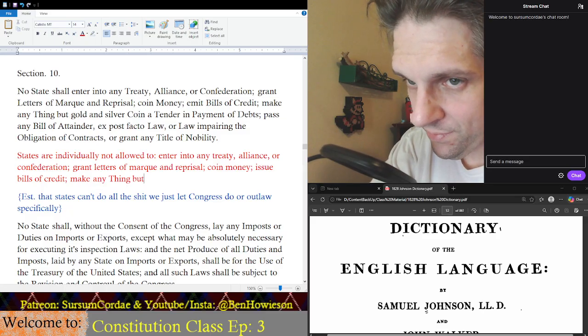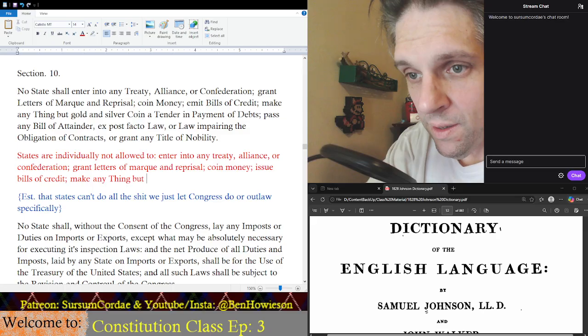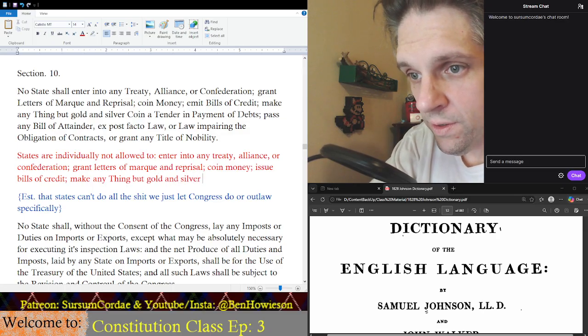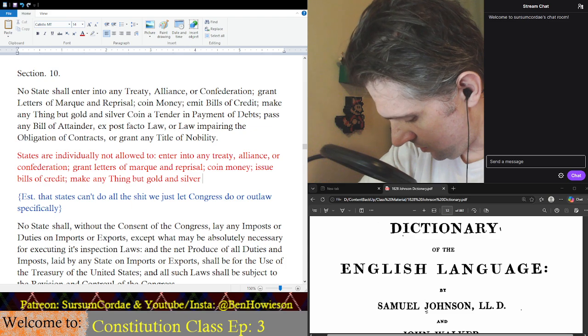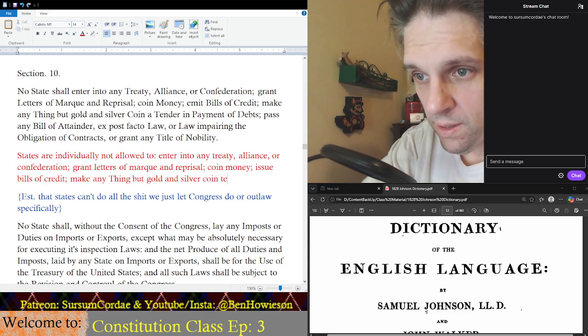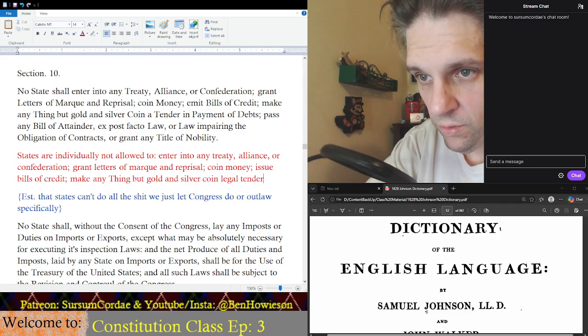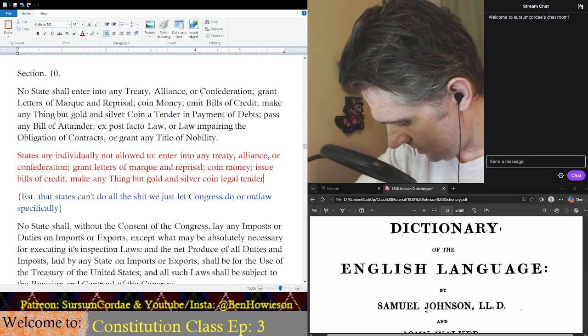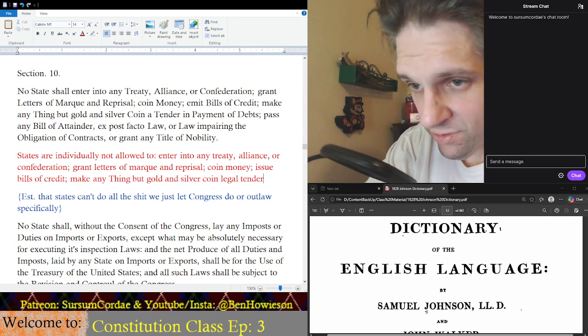I'm like, that's not what it says. But gold and silver coin legal tender. We're going to change that coin a tender in payment of debts. We're going to just change that to gold and silver coin. That's really what it says.